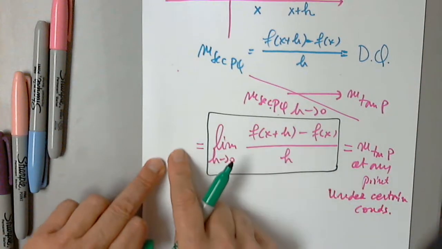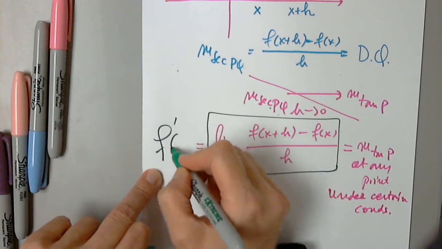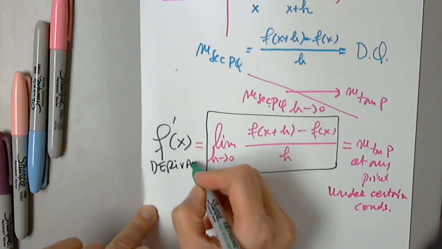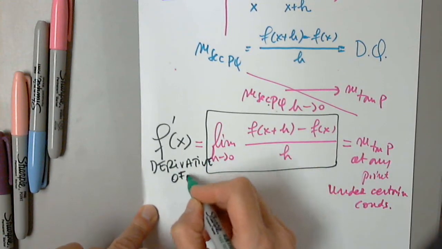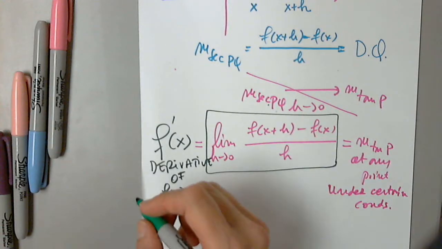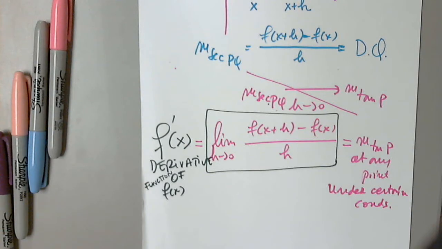And the name is, derivative. Thank you, f prime of x. So it's the derivative of f of x. The derivative function. The derivative function of f of x. Of function f.